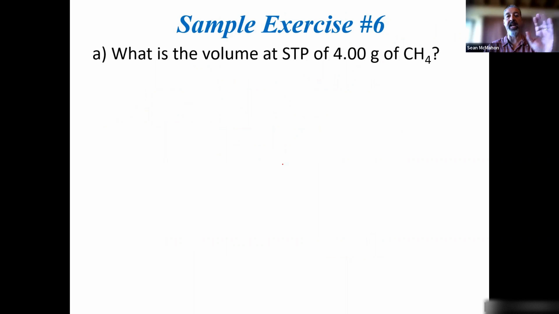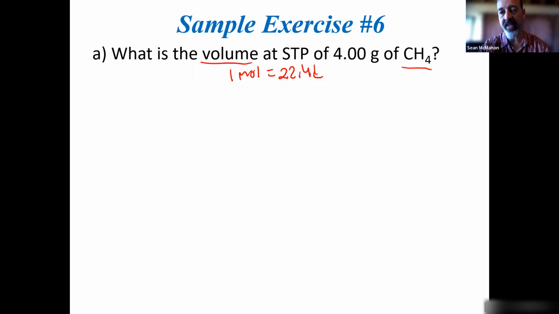What is the volume at STP? As soon as you're asking for volume at STP, you should be saying 1 mole of any gas is 22.4 liters. But notice they don't give me moles. What do they give me? Grams of methane, CH4. You don't really need to know that this is methane, you just need to know the formula.